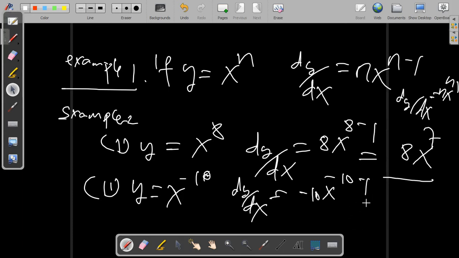So the answer will be negative 10 x raised to the power of negative 11, that is negative 10 over x to the power of 11.